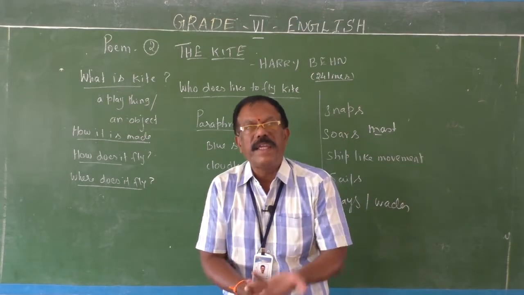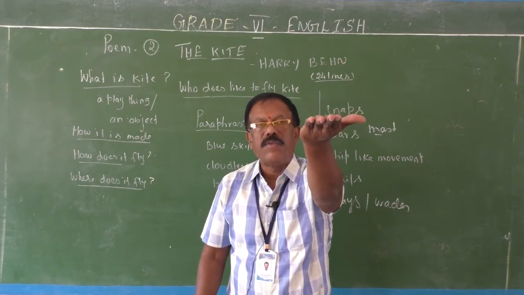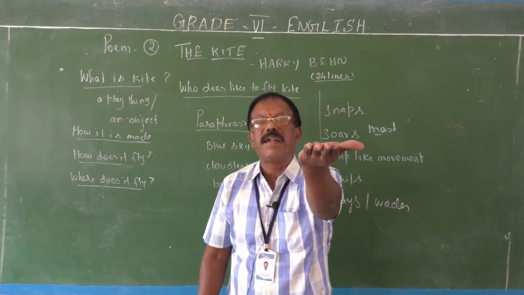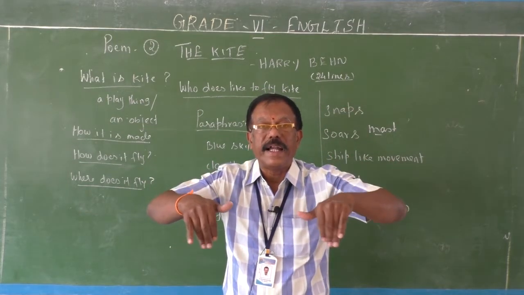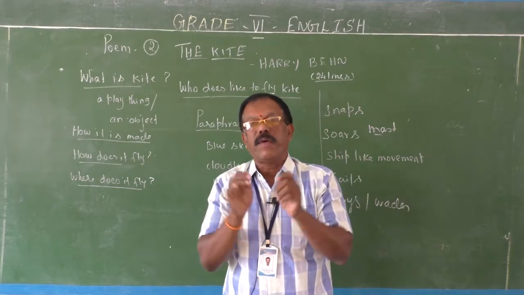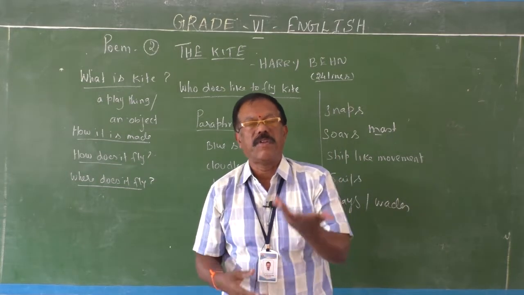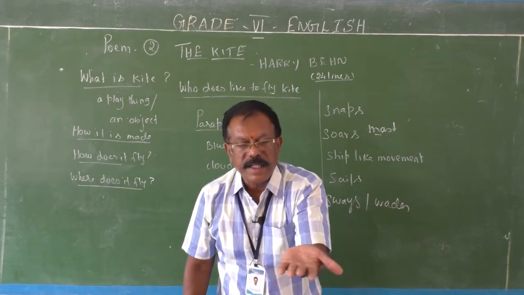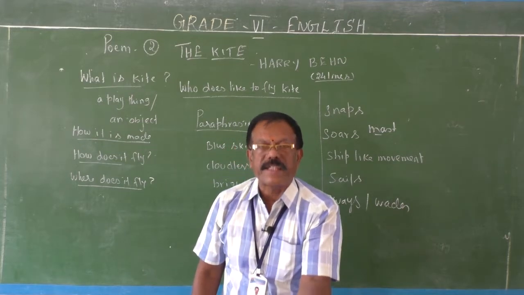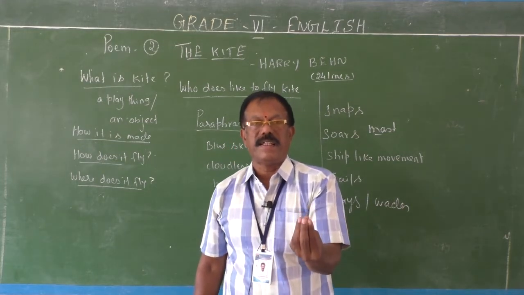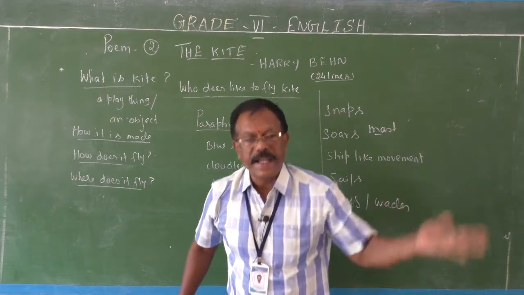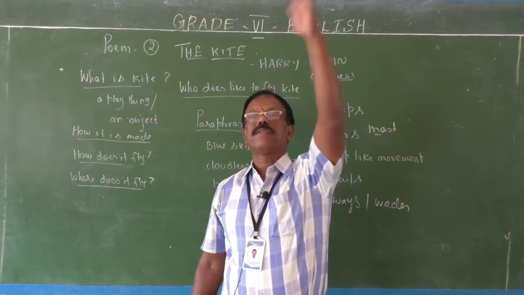When the wind becomes weak, then it slowly comes down. The downward movement of the kite is called dive and tip. Dive and tip. It's an action, downward movement. It comes down, then it tips to some extent, for some distance in the air. Again, when the wind starts to blow, then it goes up.